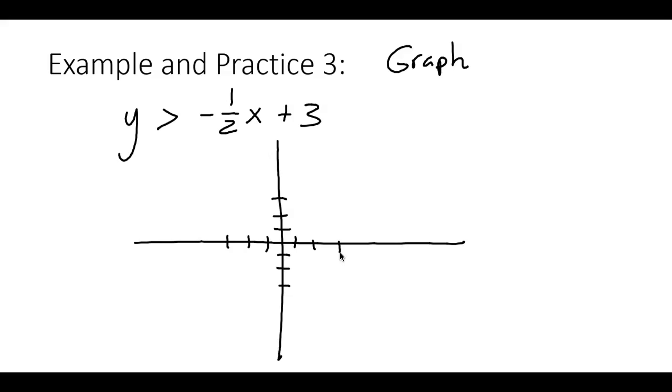All right. Let's see. So, Alonzo, where do I put my first dot here if I want to graph this? At 3 on the y-axis. And then from there, Armani, which way do I go? You go down 1 and to the right 2. Perfect. Down 1, right 2.